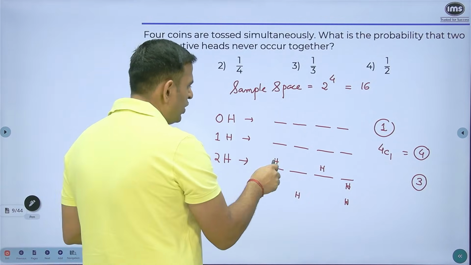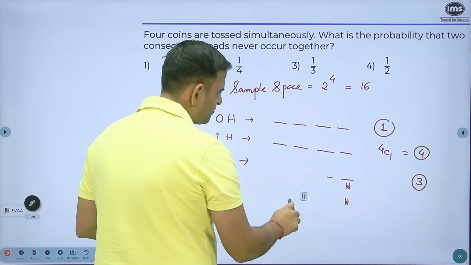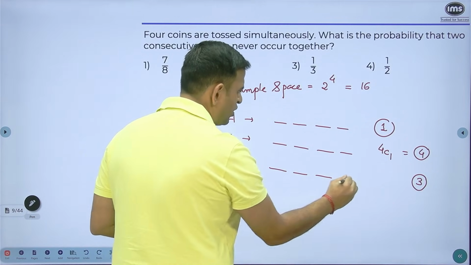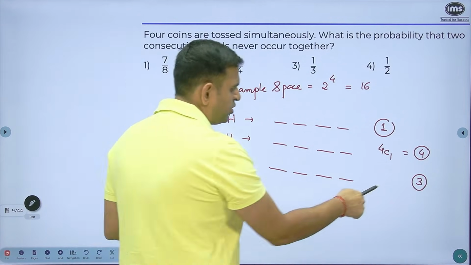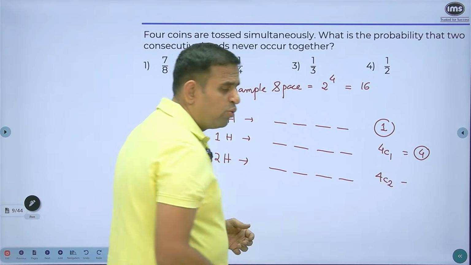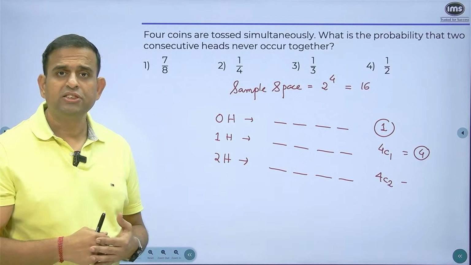Now please note, for the 2 heads, I can give you one more method. If I want 2 of the coins to show a head, the number of possibilities ideally must be 4C2, but you want to subtract the cases where two heads are together.